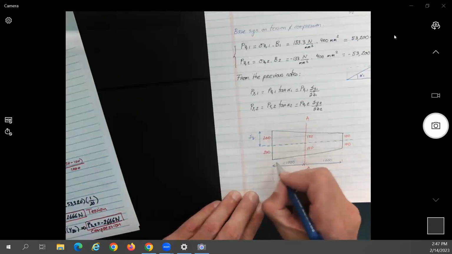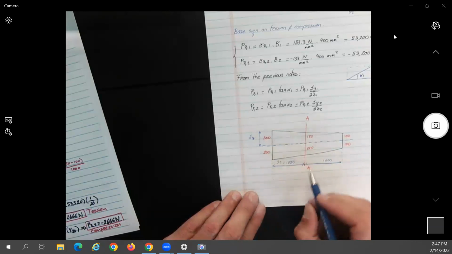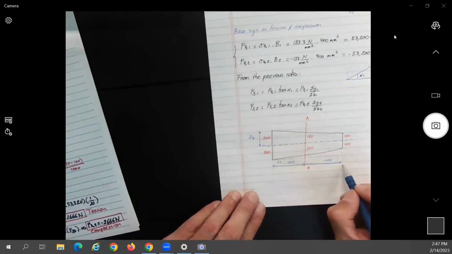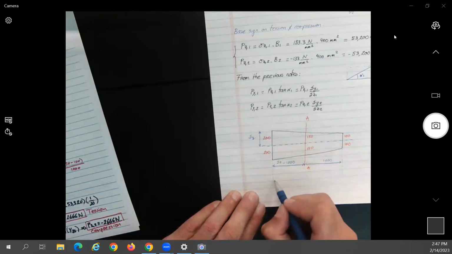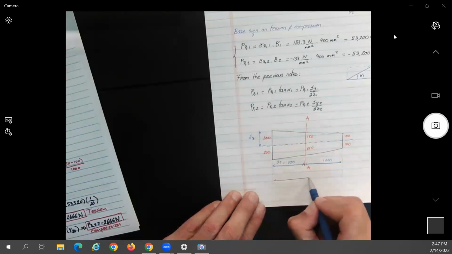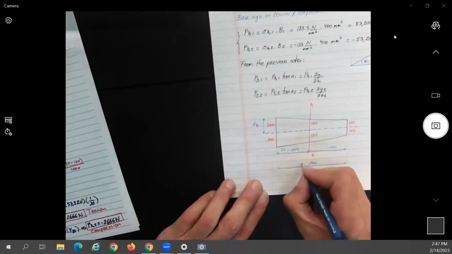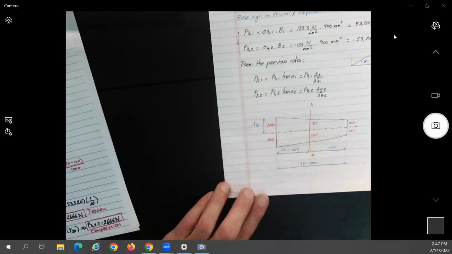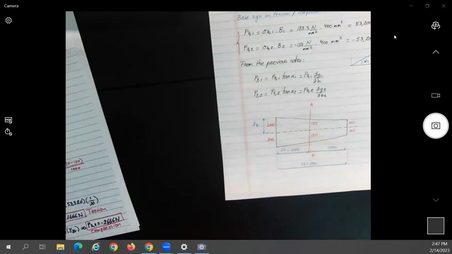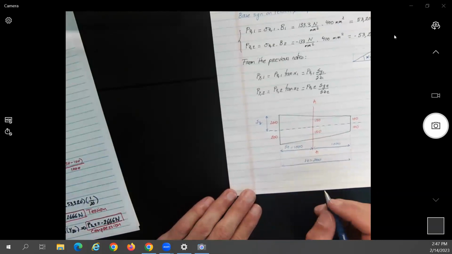But this could also be our delta z, okay, for now. Or we could use this one to be 2,000, and this also could be our delta z, okay? I think you will understand now.